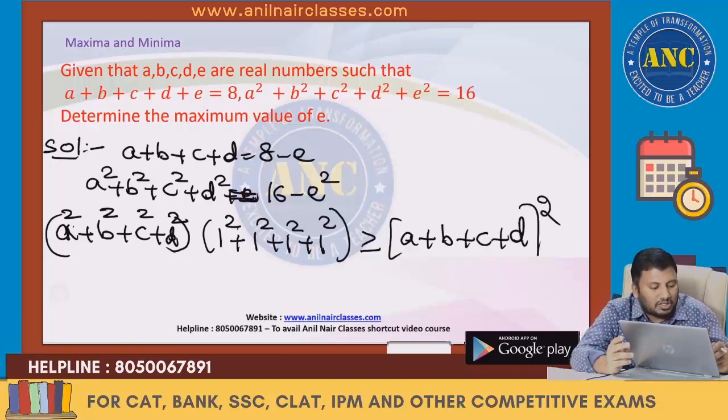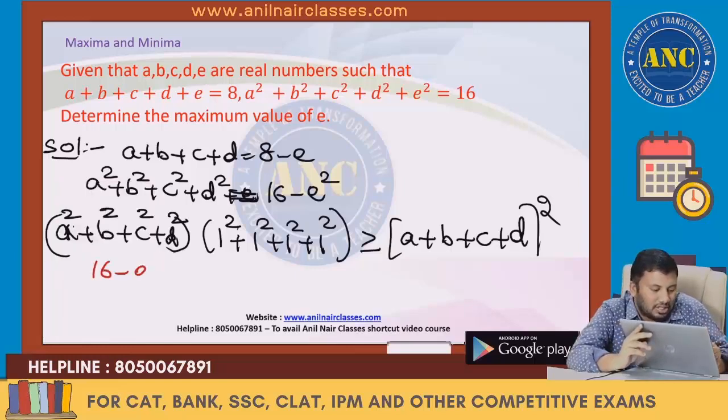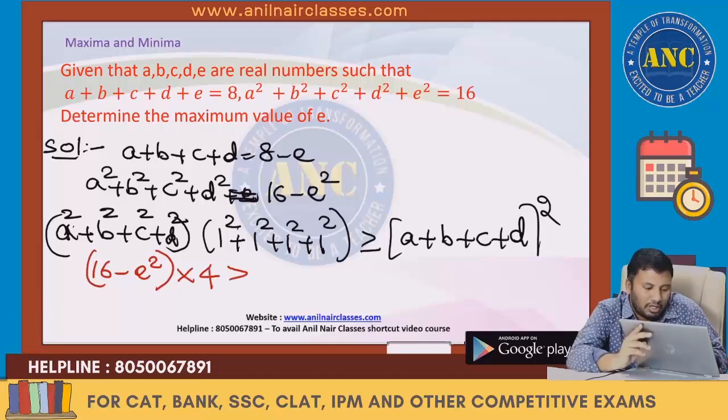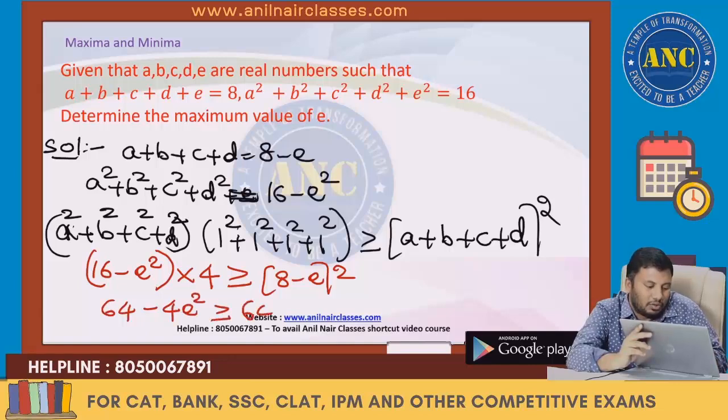A square plus B square plus C square plus D square, which is 16 minus E square, into 4 is greater than or equivalent to 8 minus E whole square, which is 64 minus 16E plus E square.